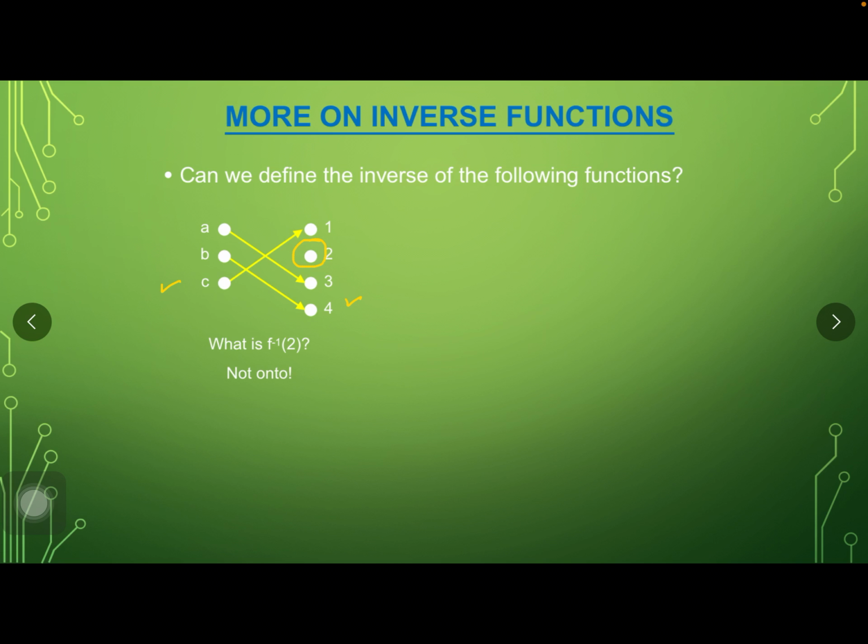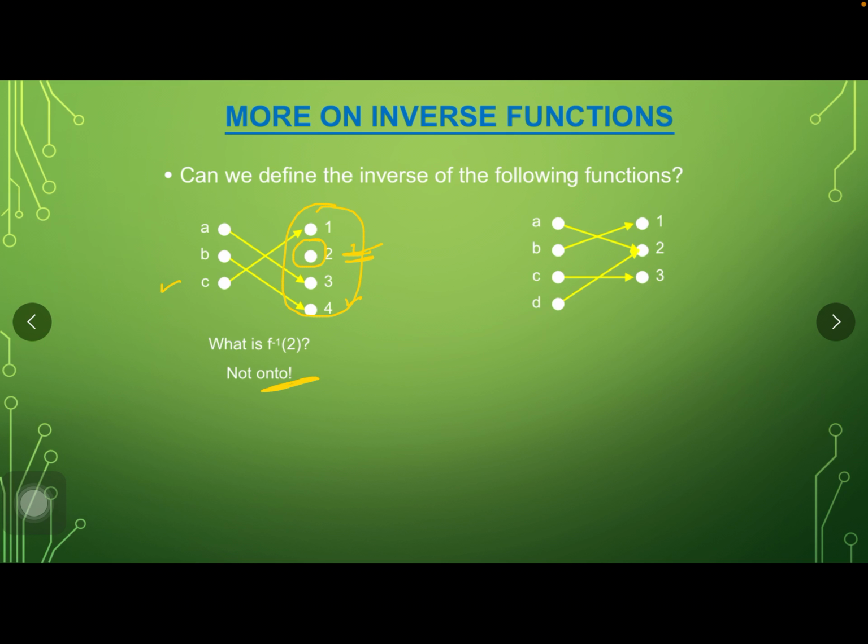No, this function does not have an inverse. Why? Because this is not an onto function. If we ask what the f inverse of 2 is, we can't calculate it, because 2 does not have any pre-image, right? So we are not allowed to find the inverse of this element 2.